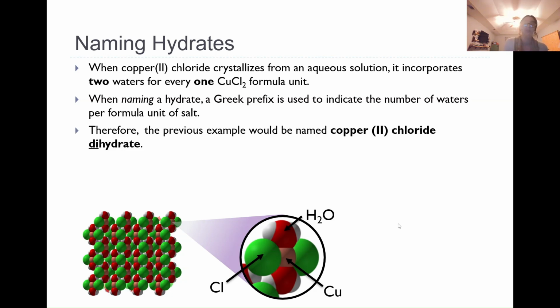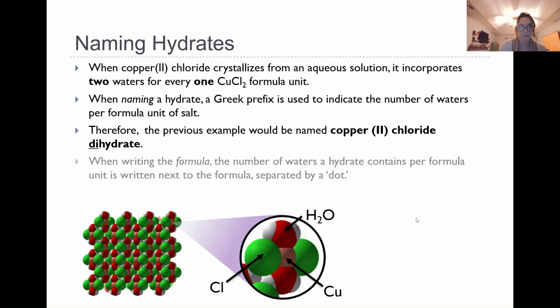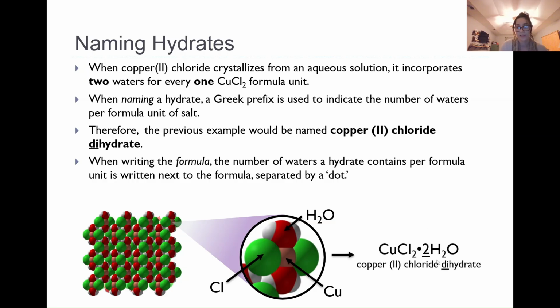So for example, if there are going to be 2 waters incorporated in the hydrate, it is called copper 2 chloride dihydrate. And then again, you separate the waters from the ionic salt using a dot and then including the number of water molecules. So here's how it would look: copper chloride dihydrate. So you have this dot here and then the number of water molecules within each formula unit.